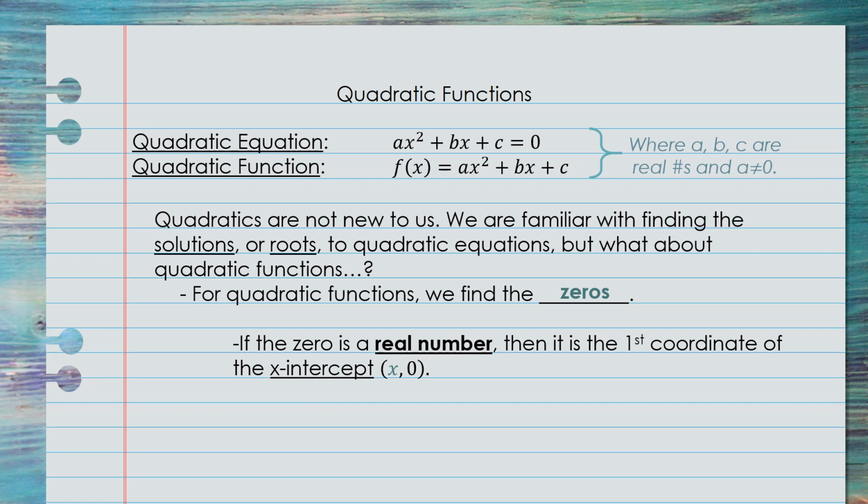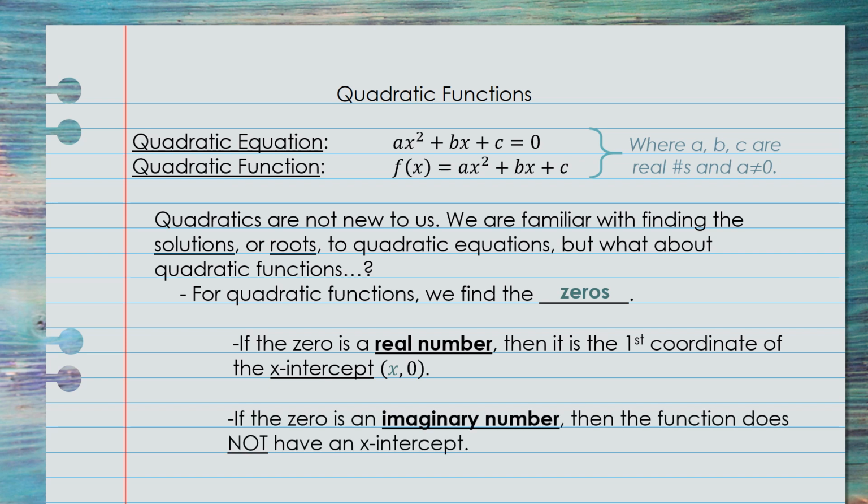Now remember, an x-intercept is where the graph crosses the x-axis. It is a point, and the x-intercept will always be where the y value equals 0. Now, if the zero is an imaginary number, then the function does not have an x-intercept, which simply means the graph does not cross the x-axis.